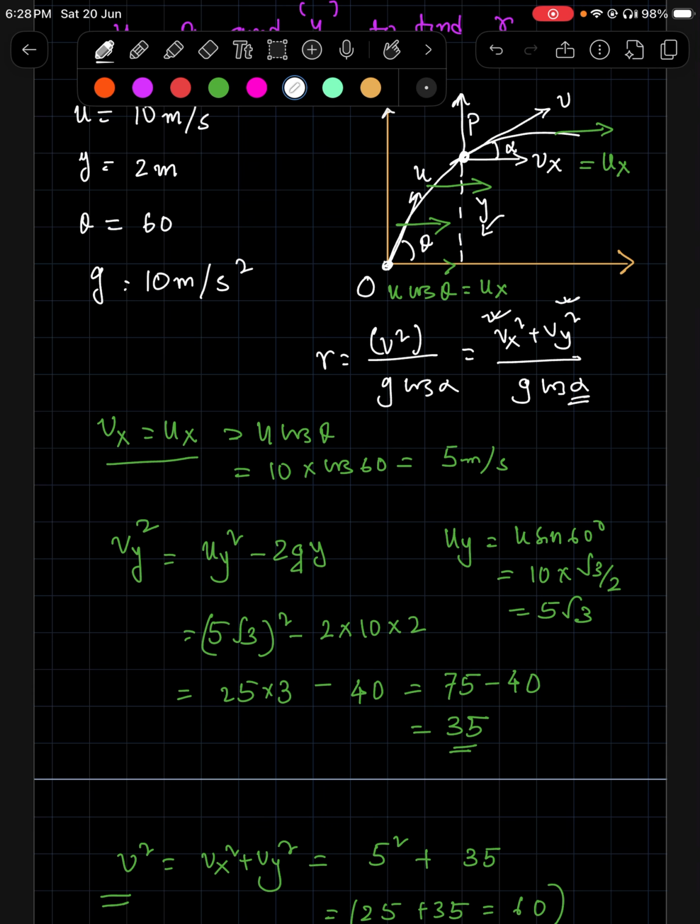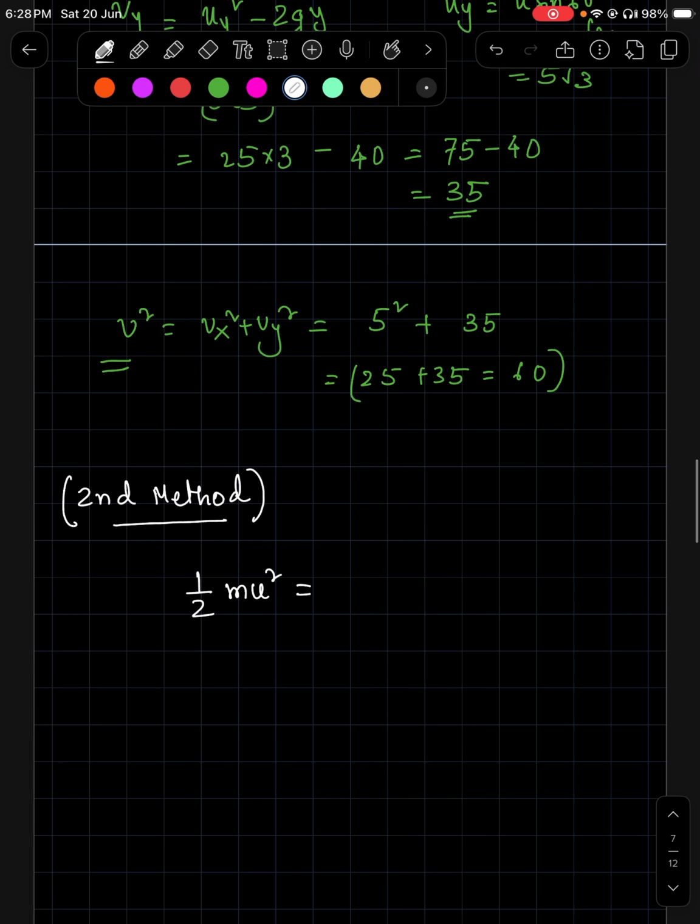So here the potential energy is mgy, right? So I'm going to write that. So that is half m v square plus mgy.